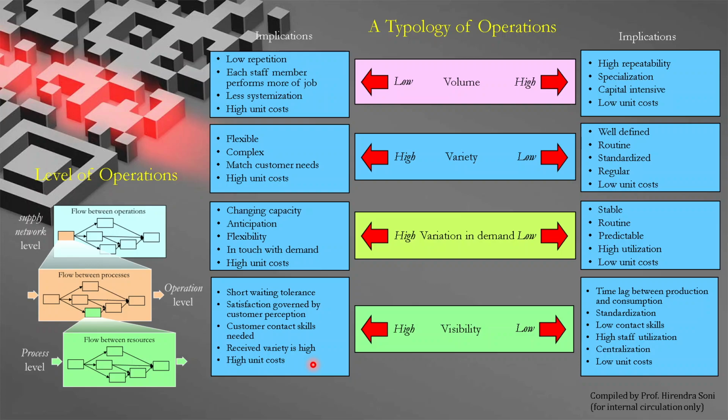This is very much applicable in case of services. There the visibility is higher, whereas for a product which is very much regular or generic in nature, the visibility between the processes may be less.